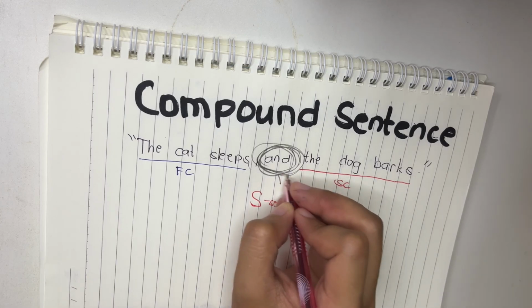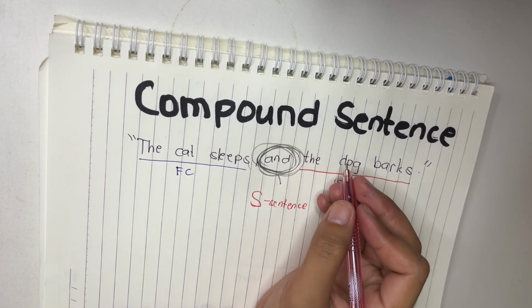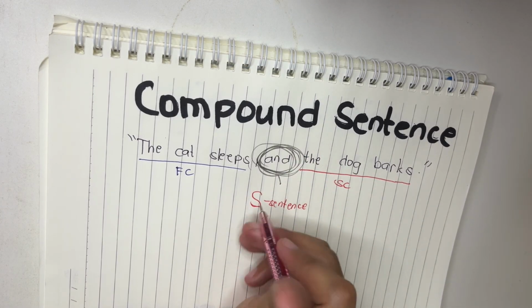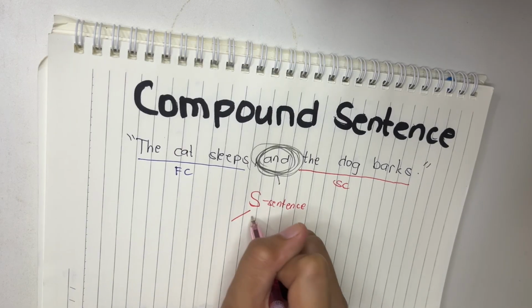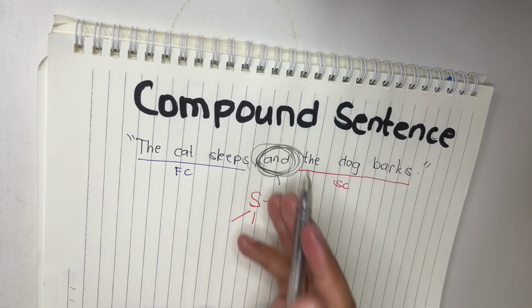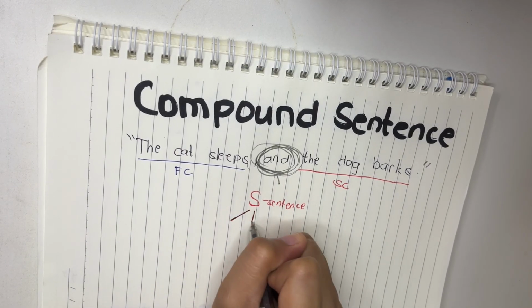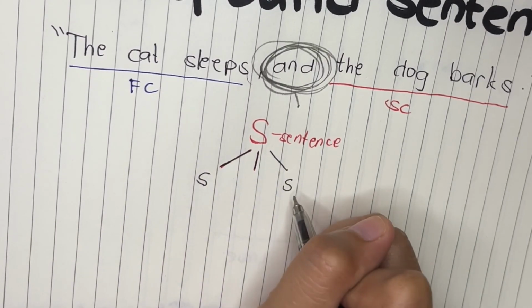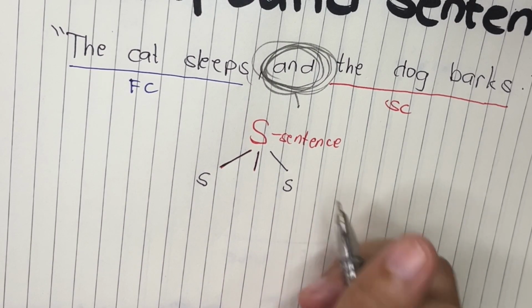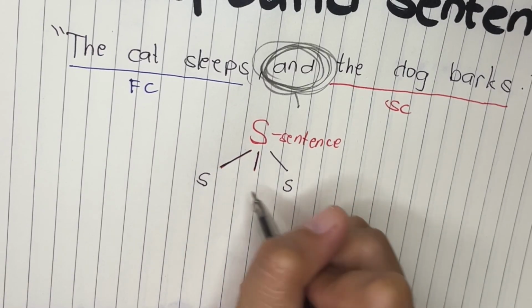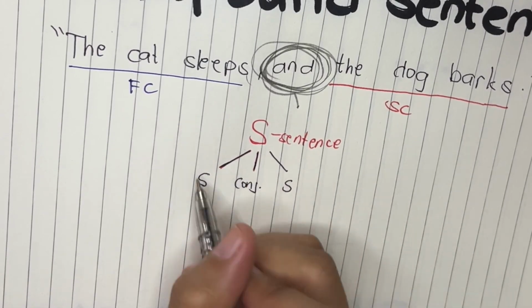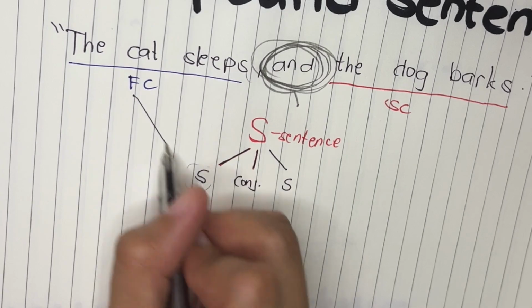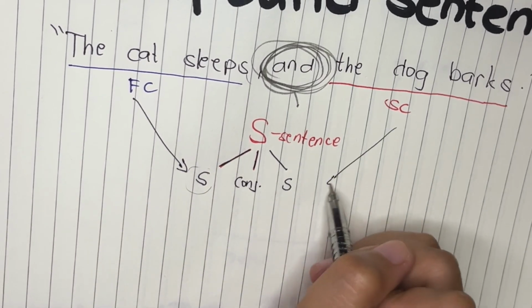So this is the conjunction, like what I said earlier. Here, the sentence, another sentence again. This is the first clause and the second clause, and the conjunction. We have the first clause and the second clause.